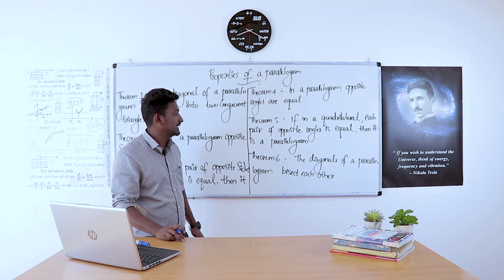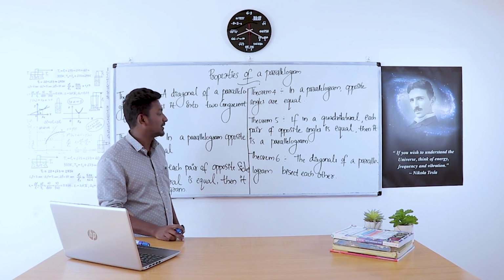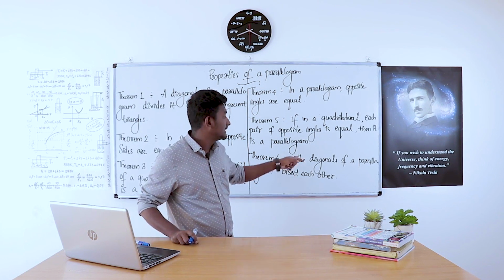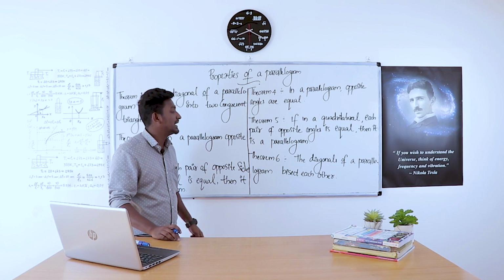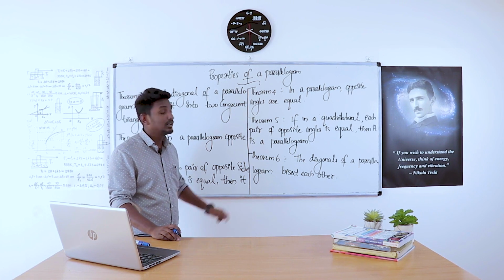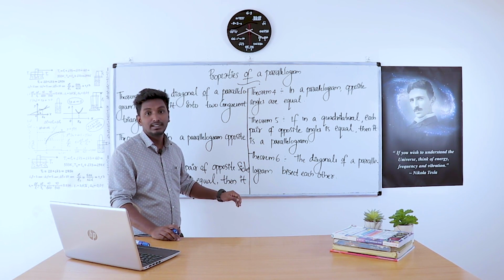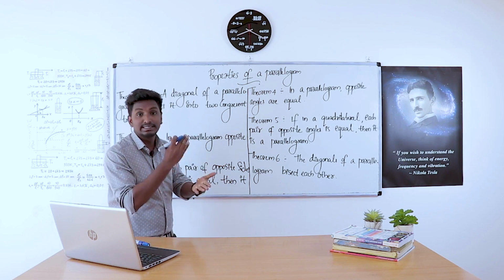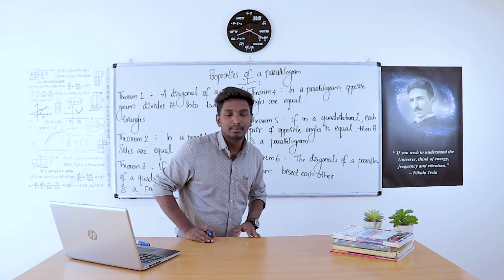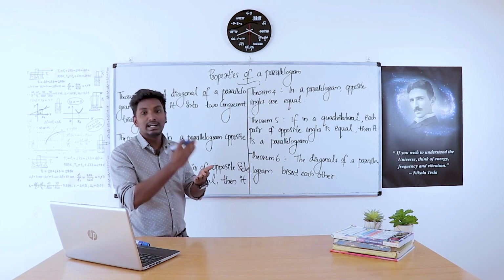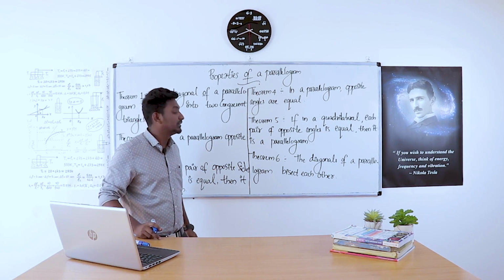Then what is theorem number 6? The diagonals of a parallelogram bisect each other. What do you mean by bisect each other? It will cut exactly into two equal parts.